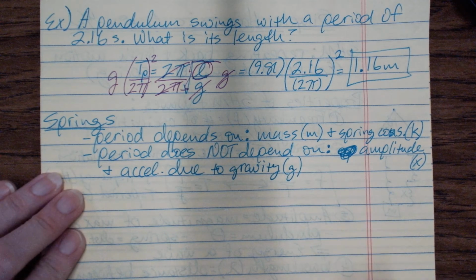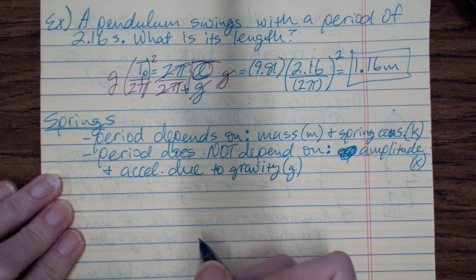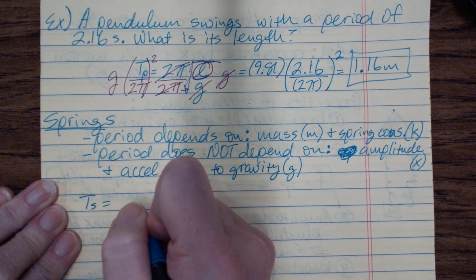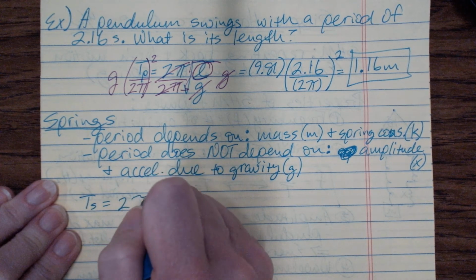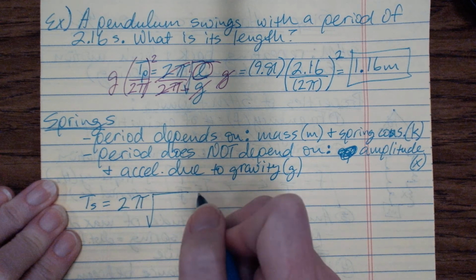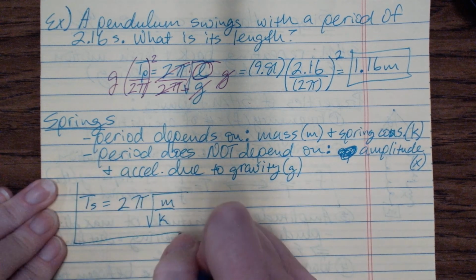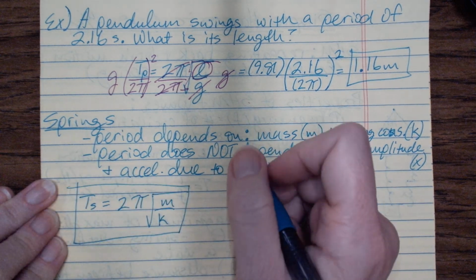Okay, so this one also has an equation that's on your formula sheet, and it's T_S equals 2 pi square root m over k. So it's on your formula sheet. You don't have to memorize it.